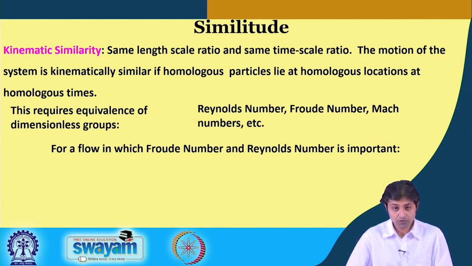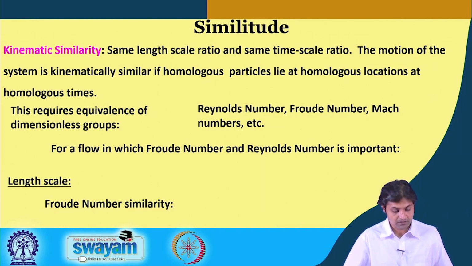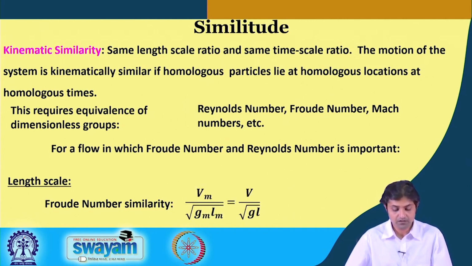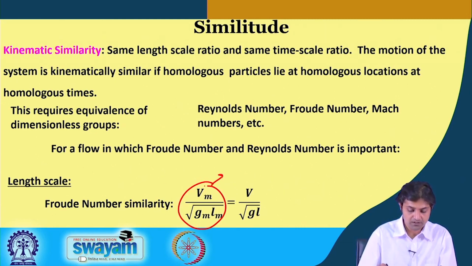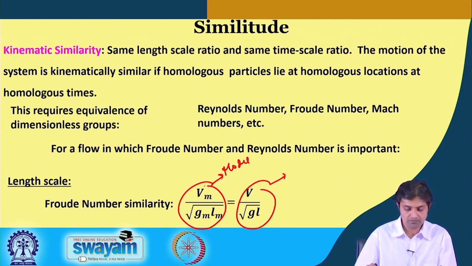So, let us see a flow in which Froude number and Reynolds number are important. Length scale. For Froude number similarity, we can write Vm by under root Gm Lm, this is Froude number in model, is equal to V by under root GL, and this is Froude number in prototype.